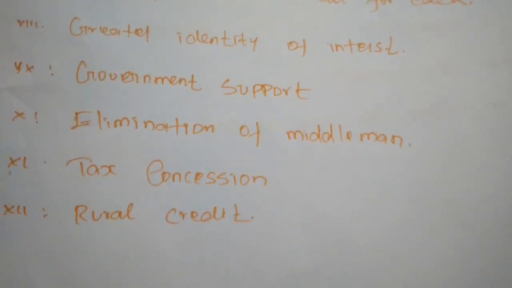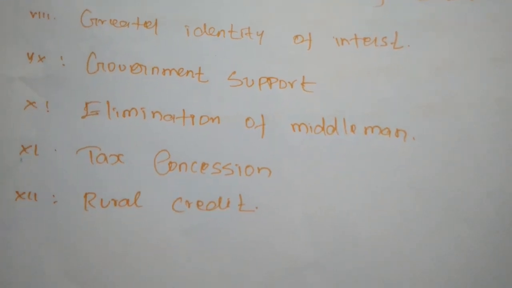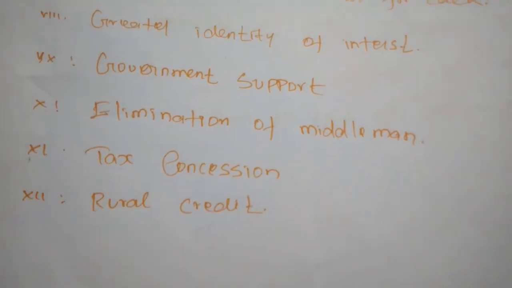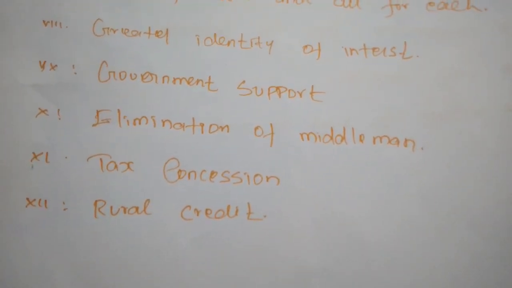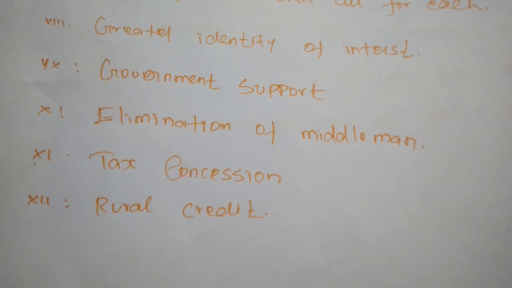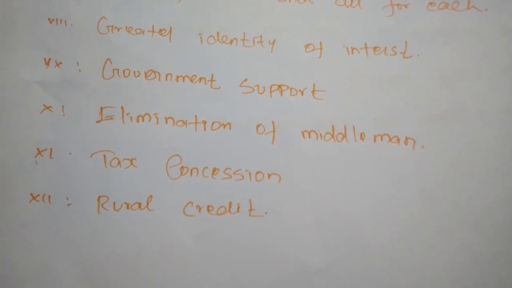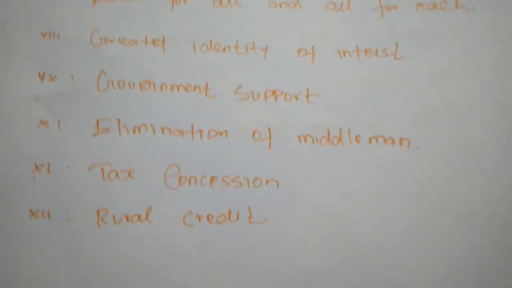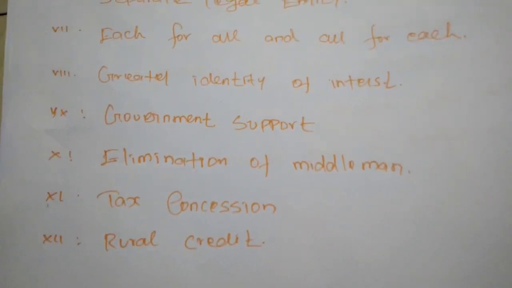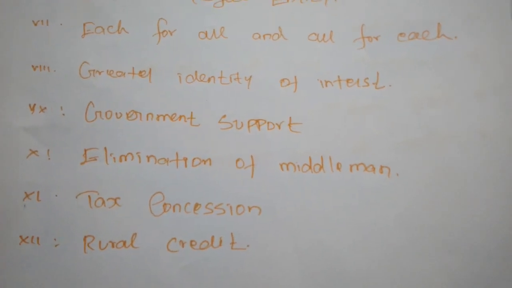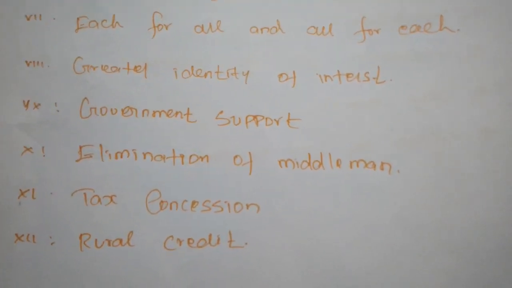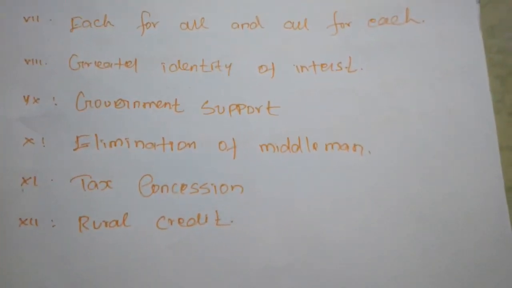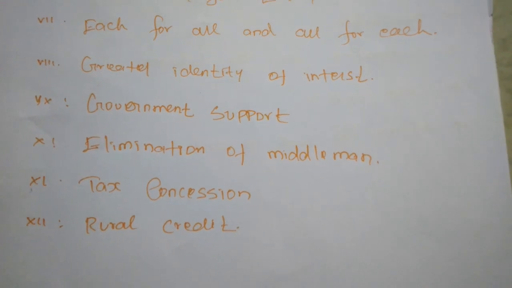Next, the elimination of middlemen. Cooperative societies can deal directly with the producers and with the ultimate consumers. Therefore they are not dependent on middlemen and save the profit enjoyed by the middleman. Normally, a product cannot come to the market without the help of a middleman, so the producers and wholesalers have to depend on the middleman.